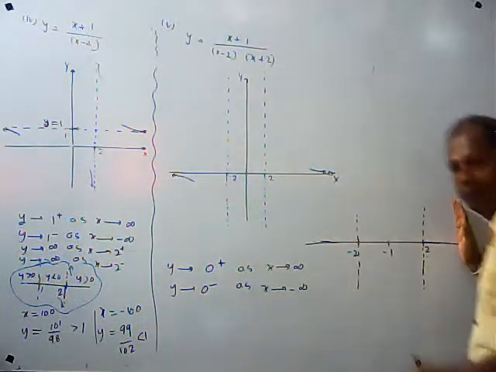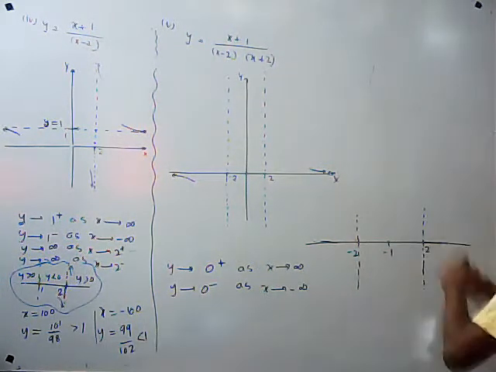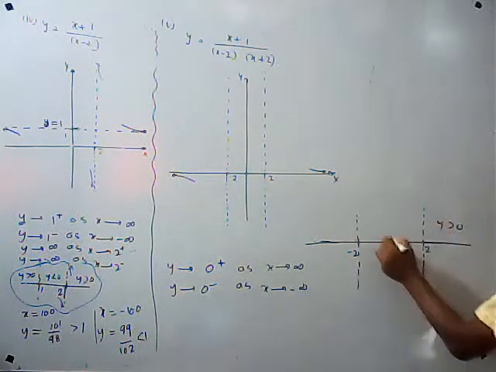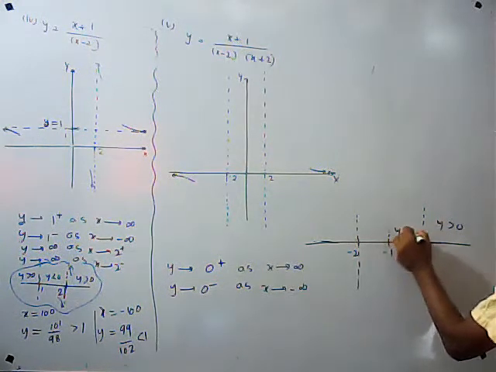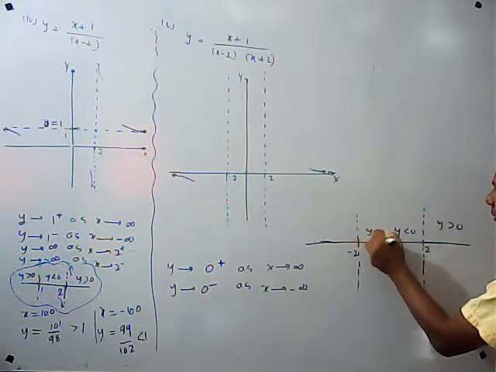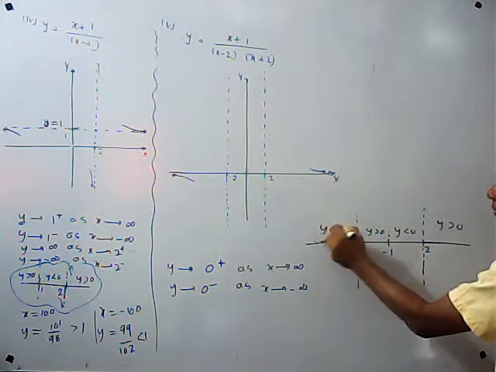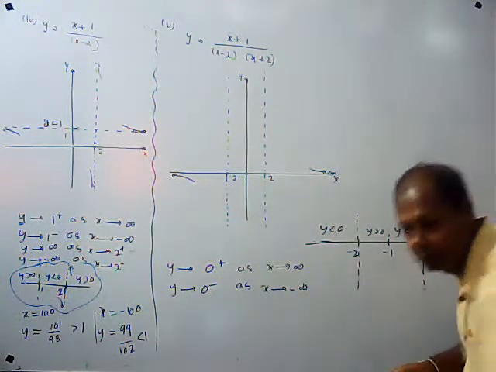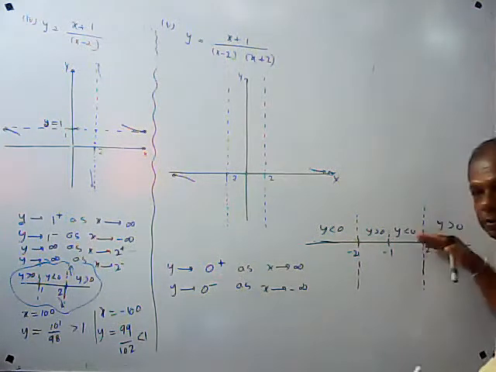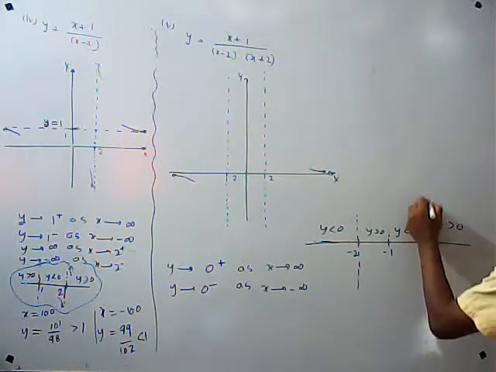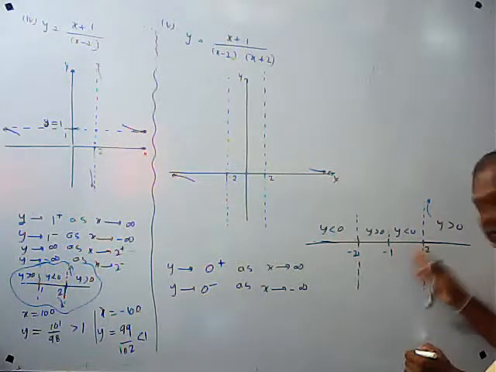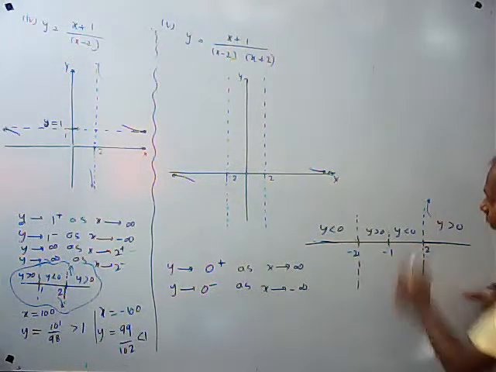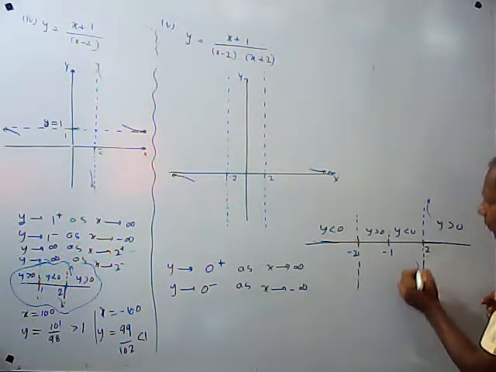So on the far right, everything is positive, so y is positive. In this section, y is negative. In this section, again y is positive. Finally, y is negative. So you can determine y is positive here, so it will go to positive infinity. In this section, close to 2, y is negative, so it will go to negative infinity.